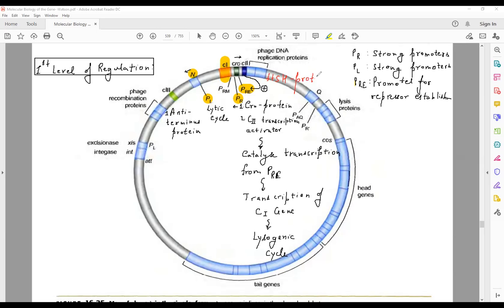FtsH protein has an ability to inhibit and degrade the CII transcription activator. The catalysis of transcription from PRE is being inhibited by the FtsH protein of the host.